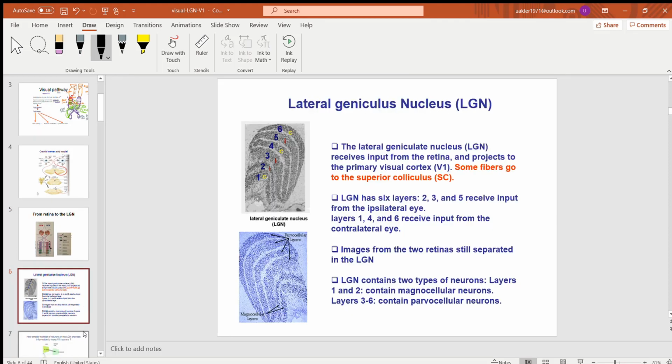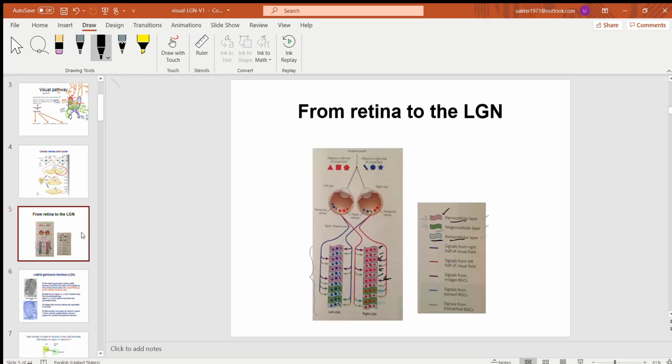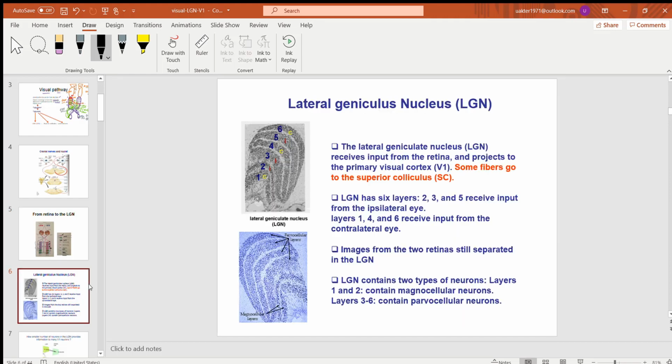And also, we already know 3 types of ganglion cells send signals to these layers: midget, parasol, and bistratified. Here you see this is the real slice picture of a lateral geniculate nucleus.